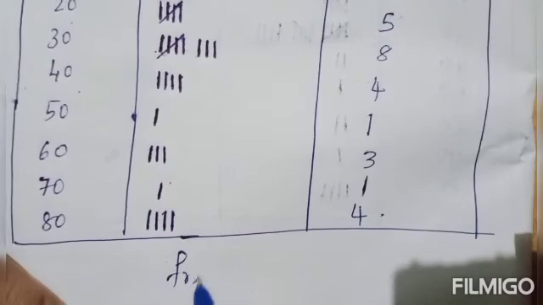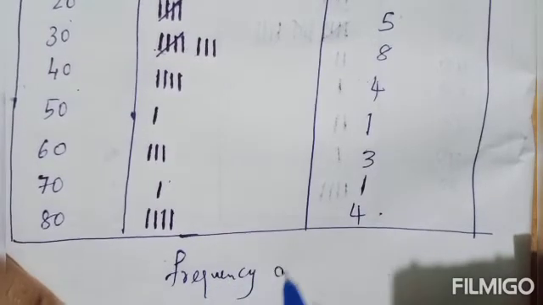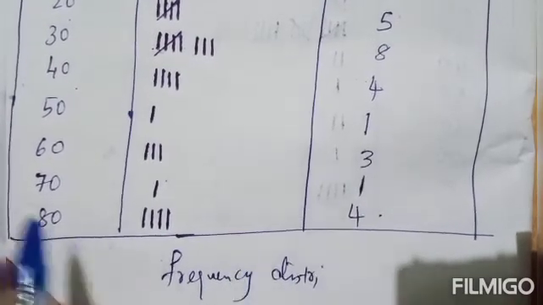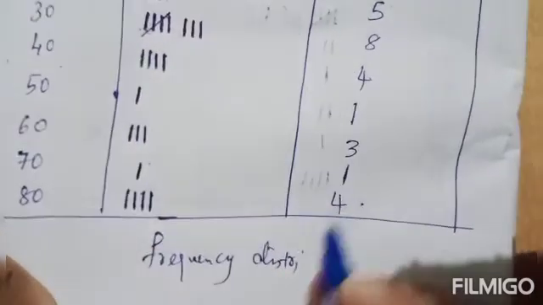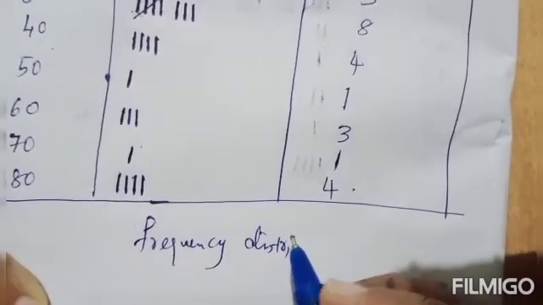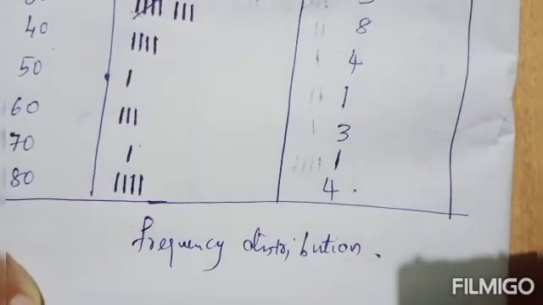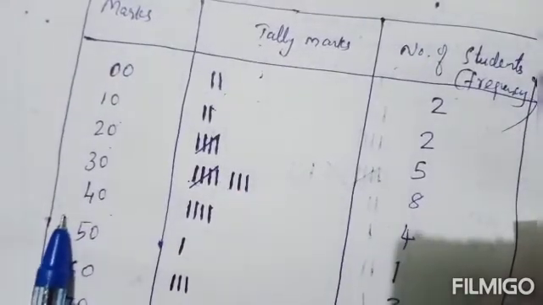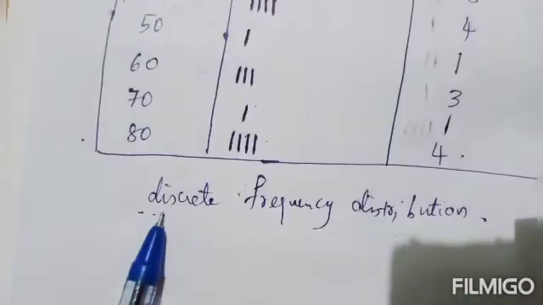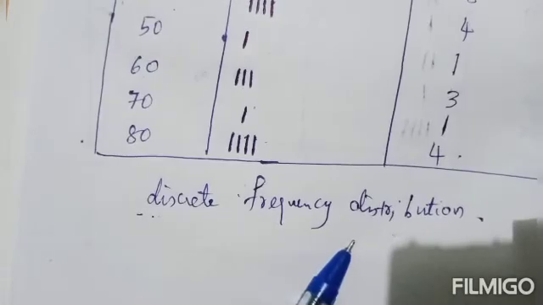This is also called a frequency distribution: the way of representing the given raw data in the form of a table. Here it is also called a discrete frequency distribution.